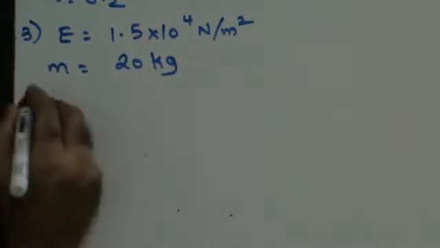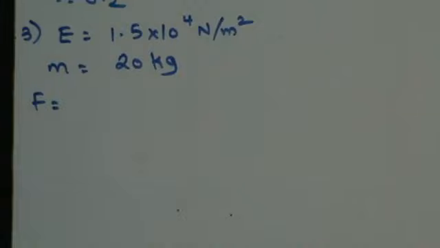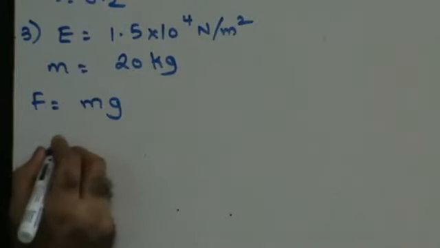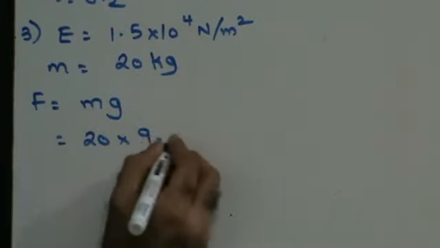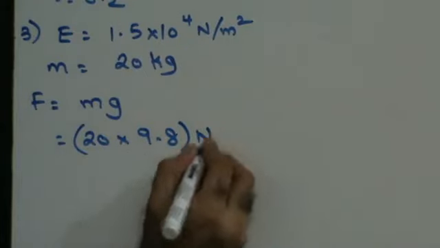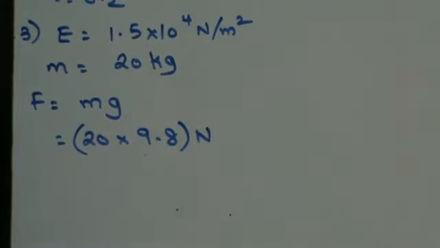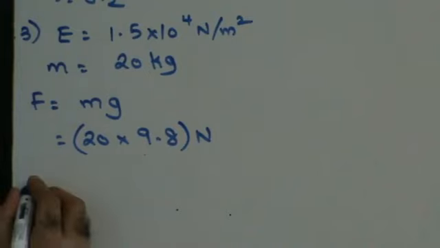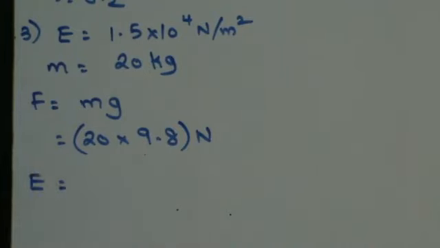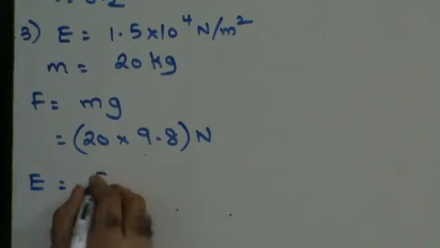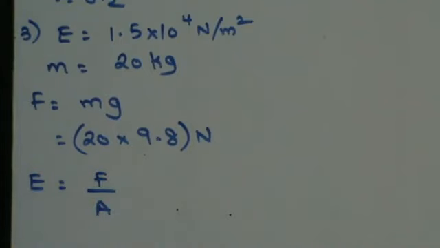Right? Now mass is given to you, I can find out F. F is equal to mg, so 20 into 9.8 newtons. This is going to be my force. Elastic limit is nothing but force per unit area.